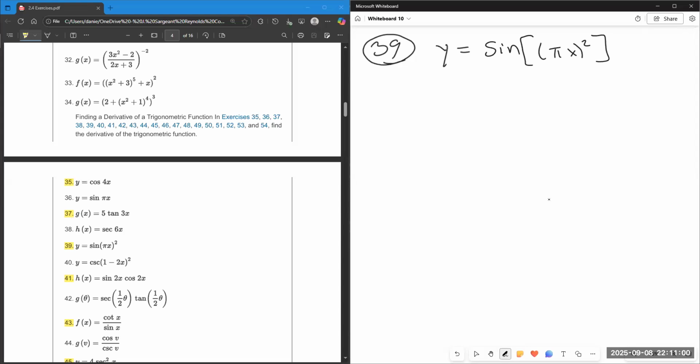So I would like to simplify this down into y equals sine of pi squared x squared, just to eliminate a function from this. And my u is going to be pi squared x squared. My u prime is going to be 2 pi squared x.